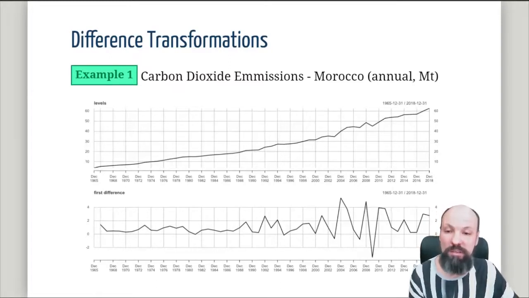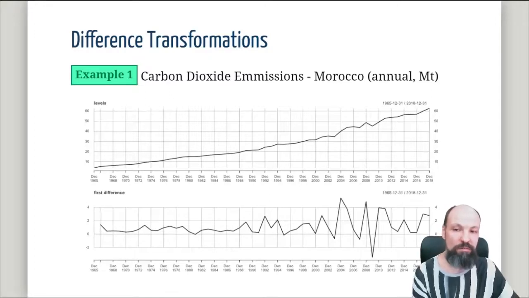And then you see the plot of the first differences. This is it, first diffs. So by how much it changes. The units are the same. It was in megatons, it remained in megatons because this is just the difference. How many megatons more this year as compared to the previous one?